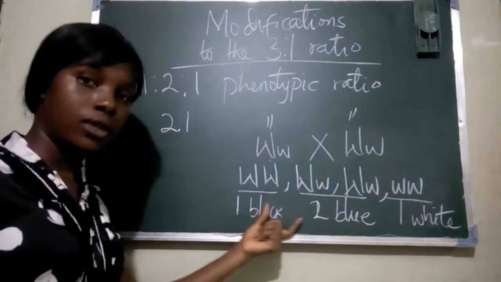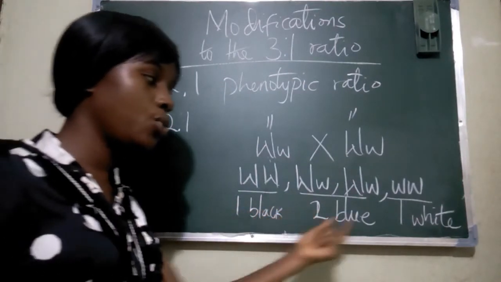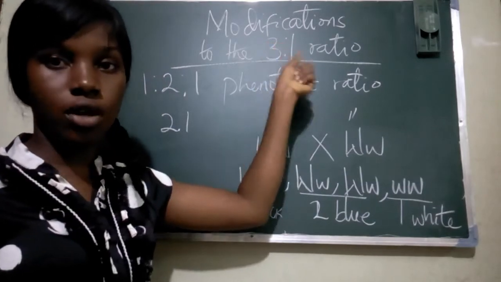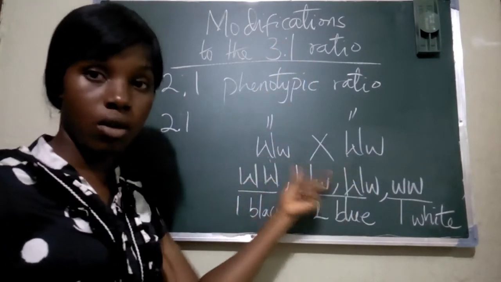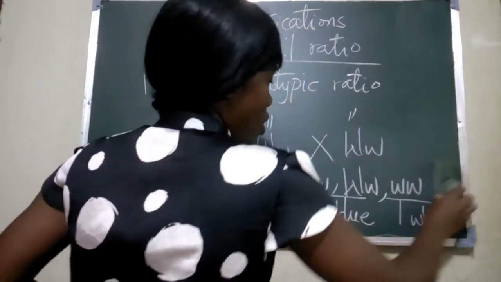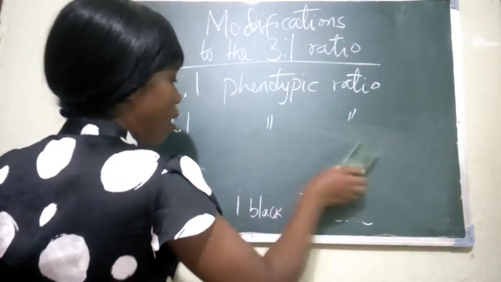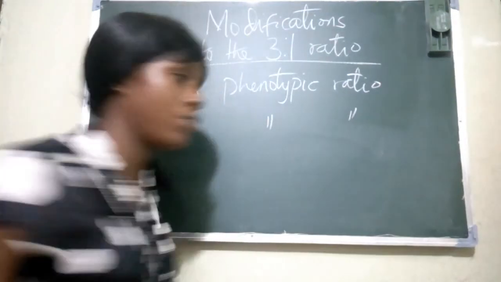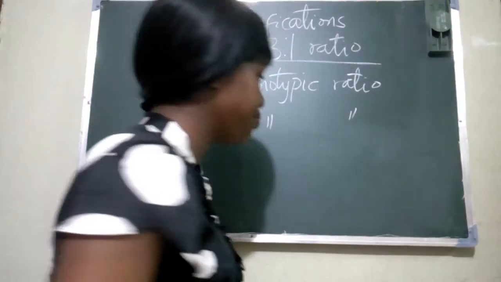So here again we have that 1:2:1 ratio as opposed to the 3:1 ratio because of incomplete dominance. Okay then, so back to our codominance that I was talking about before.